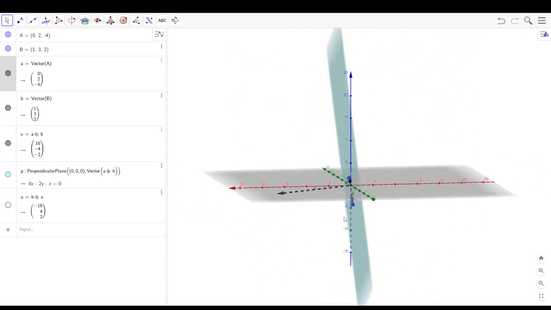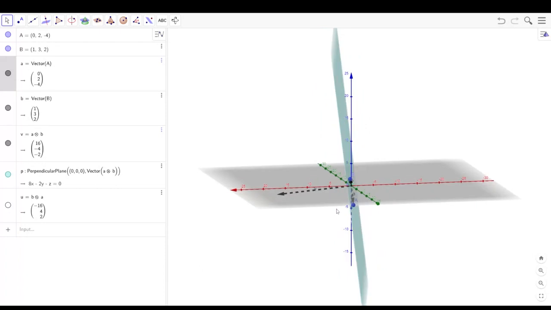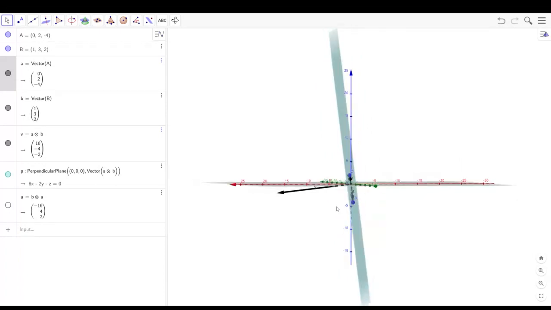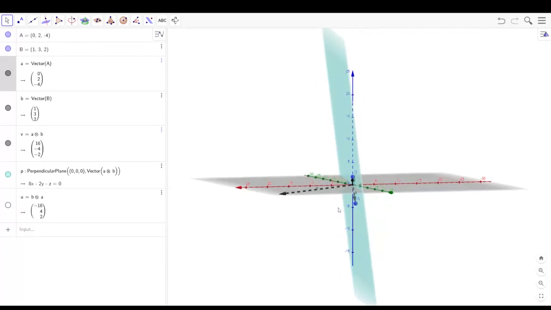So this is a property with all cross products of non-zero vectors, right? And non-parallel vectors. If you cross them together, they give you a third vector that is perpendicular or normal to the plane spanned by the two vectors.